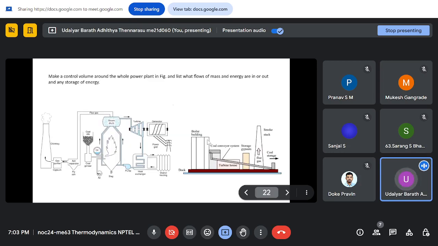So I hope this is clear, how to draw a control volume and how to study that. We put up a control volume across this, and we saw what all energy transfer is happening. We saw what all mass transfer is happening, and we are able to simplify the whole plant into a simple region of study.